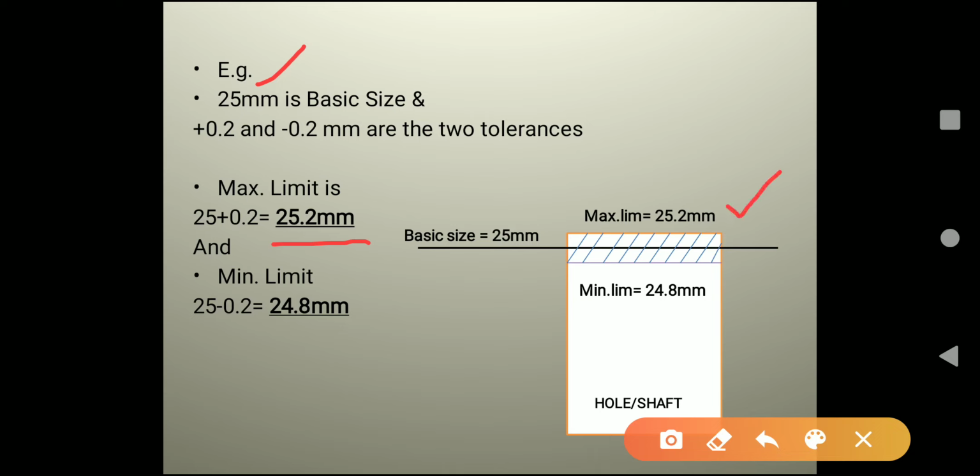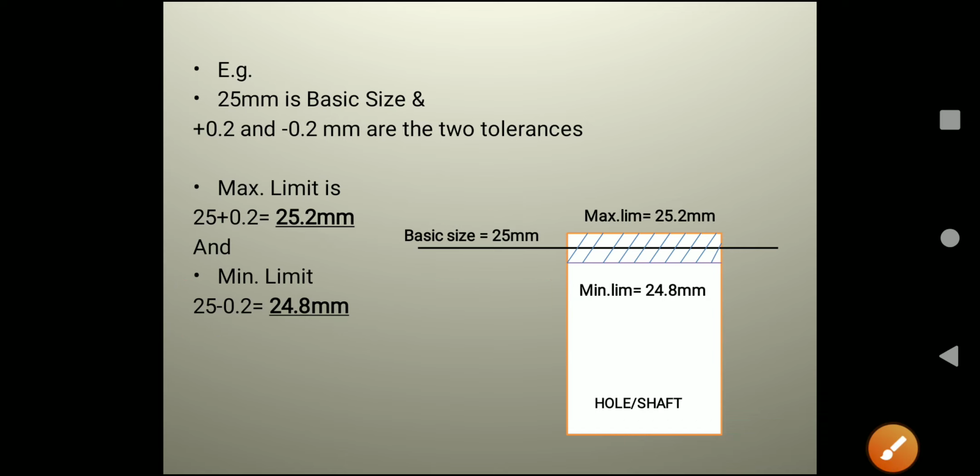The minimum limit is 25 minus 0.2, which is equal to 24.8 mm. That is the minimum size, or the least limit, of that particular hole and shaft. Here the basic size is 25 mm. So this is the concept of limits, that is upper limit or maximum limit, and lower limit, that is minimum limit.